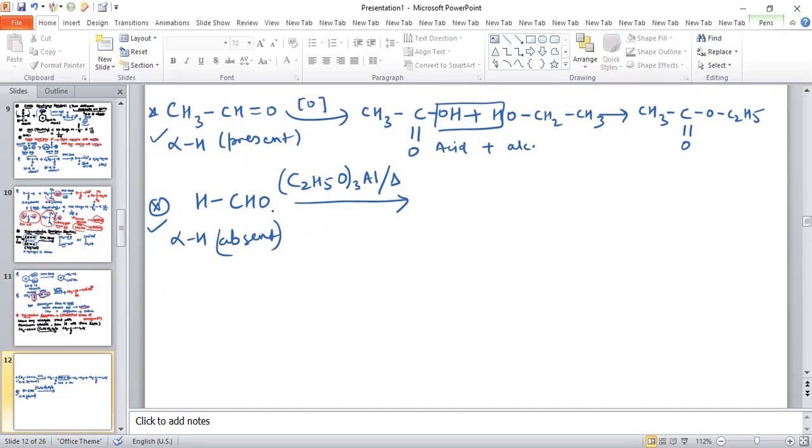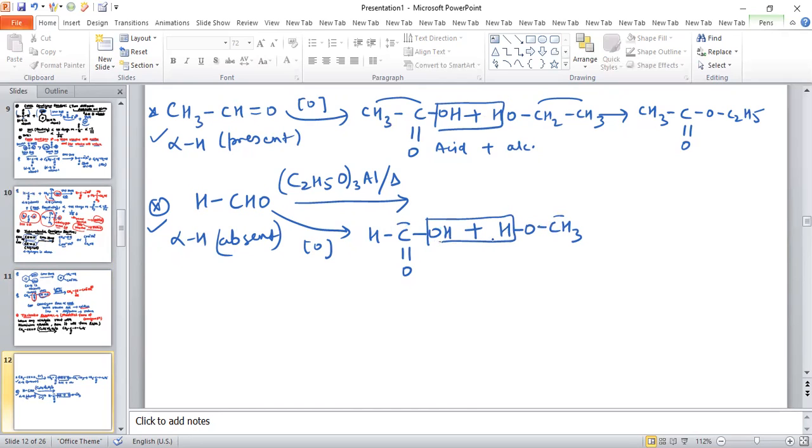Now you can write this compound. First of all this compound will oxidize in this reagent. After oxidation it will oxidize into carboxylic acid. In the previous case there were two carbons in the acid, therefore two carbons of alcohol were taken. Here there is one carbon of acid, so we will take alcohol of one carbon for the esterification reaction.